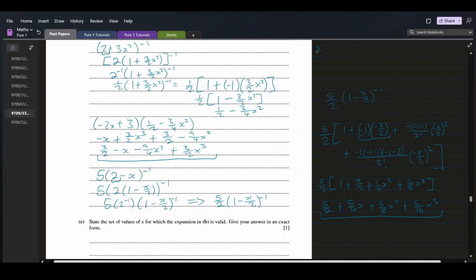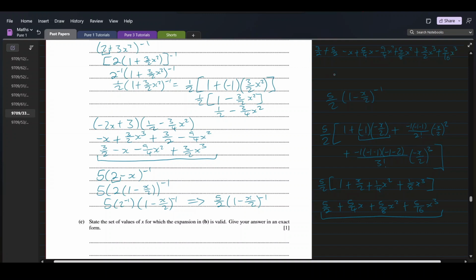So we've got 3 over 2 plus 5 over 2 minus x plus 5 over 4x minus 9 over 4x squared plus 5 over 8x squared plus 3 over 2x cubed plus 5 over 16x cubed.